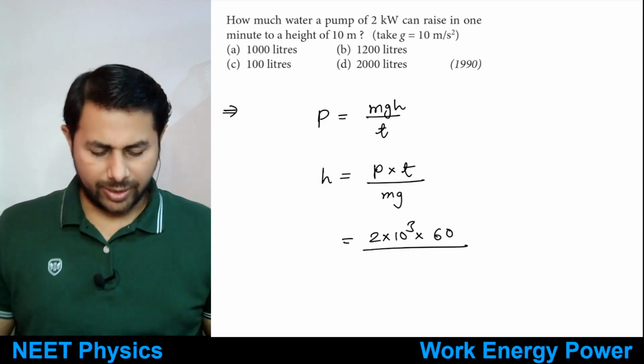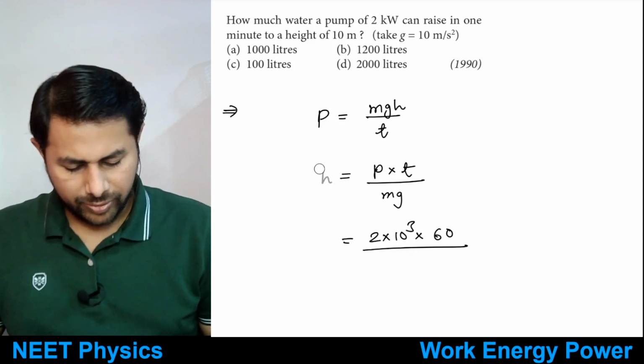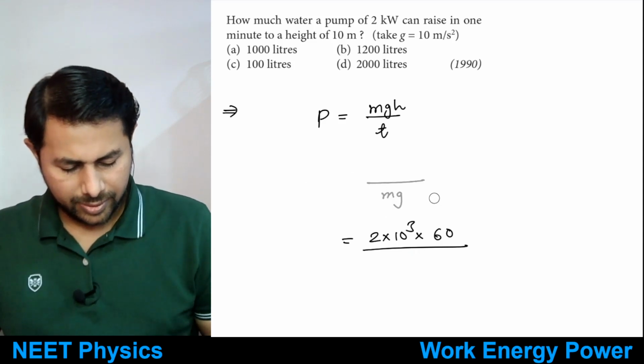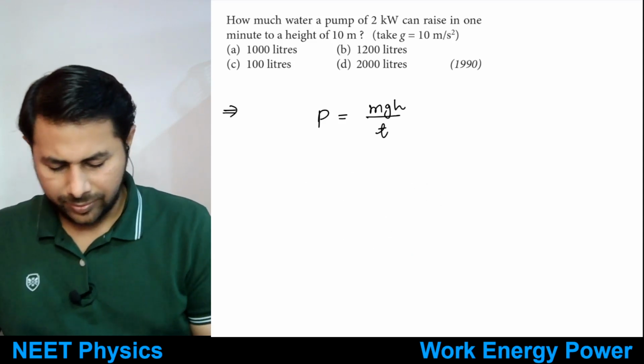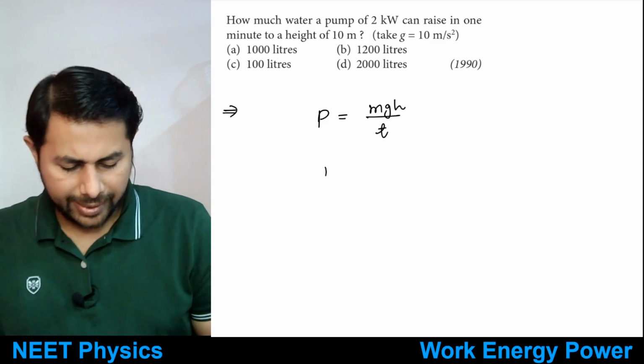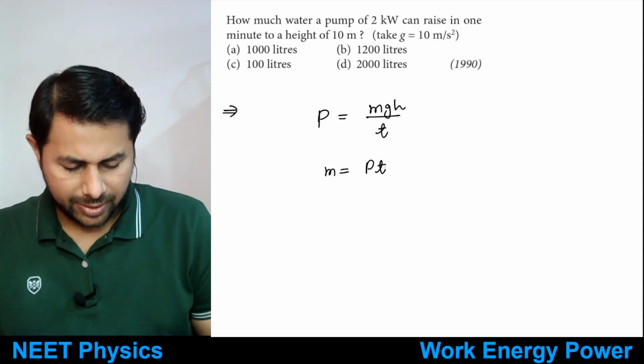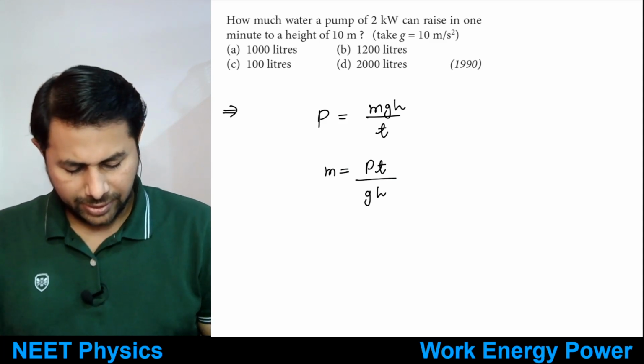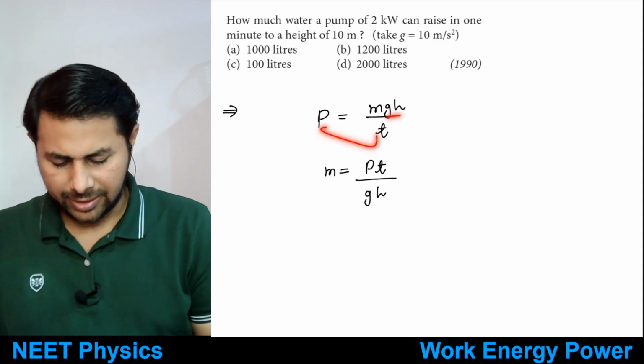Oh, we want water, we want m. Height is given, we want m. So m is equal to P t divided by g times h.